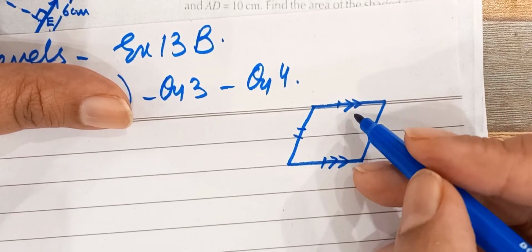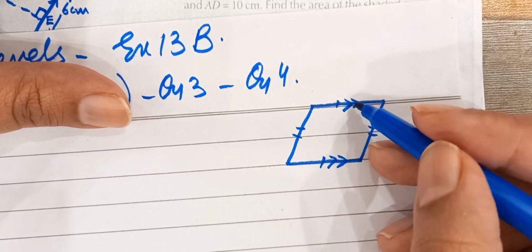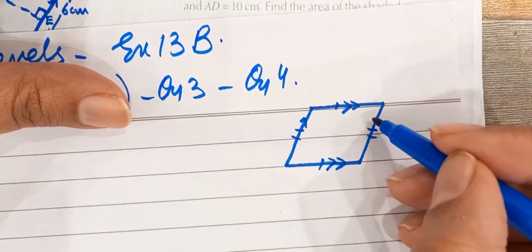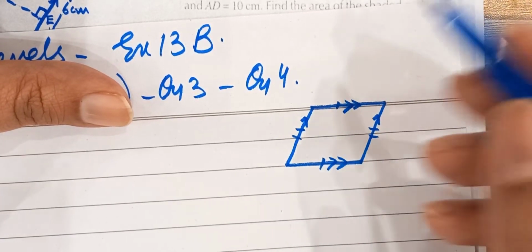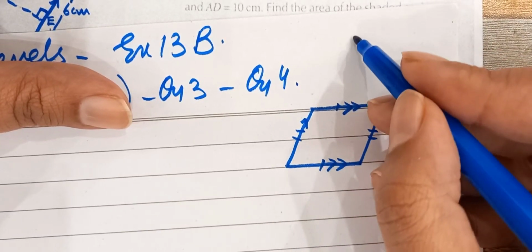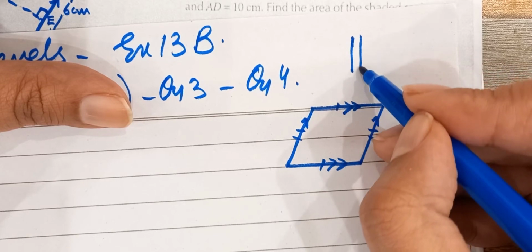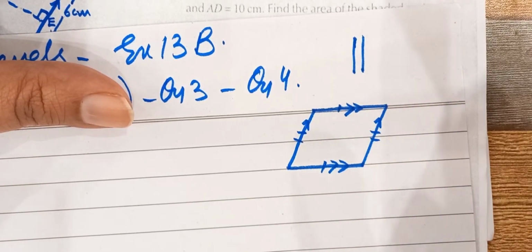These arrows suggest that these two lines are parallel, and this one arrow suggests that these two lines are also parallel to each other.